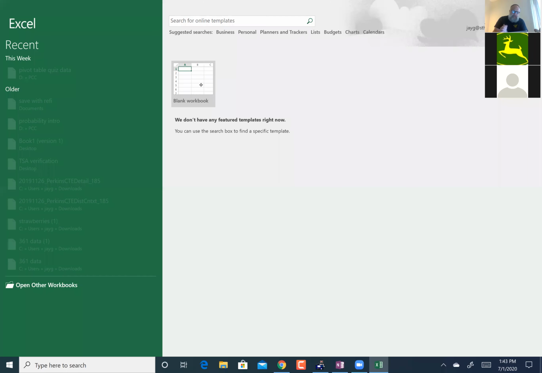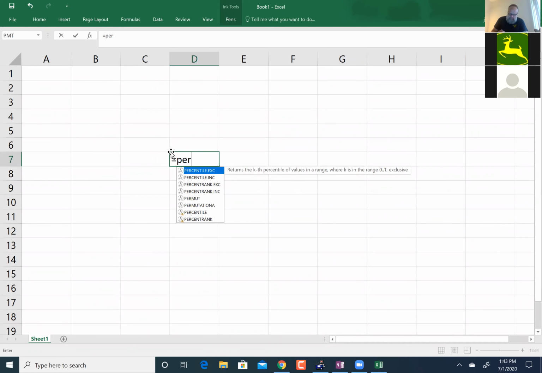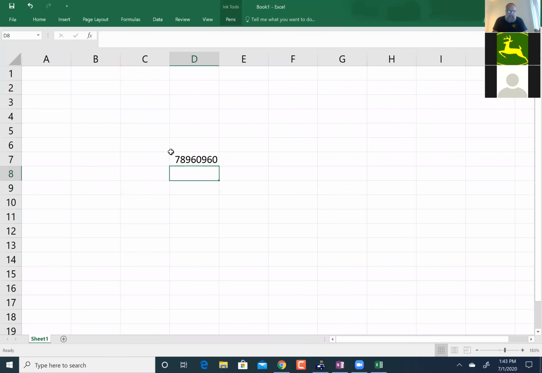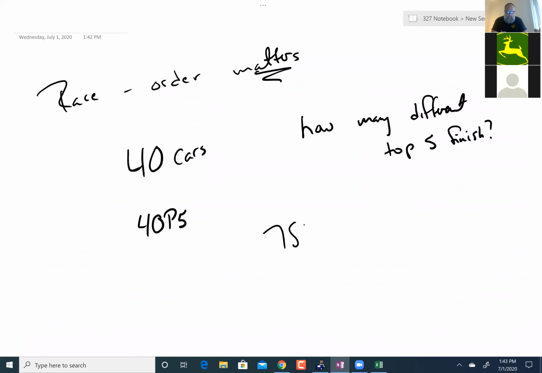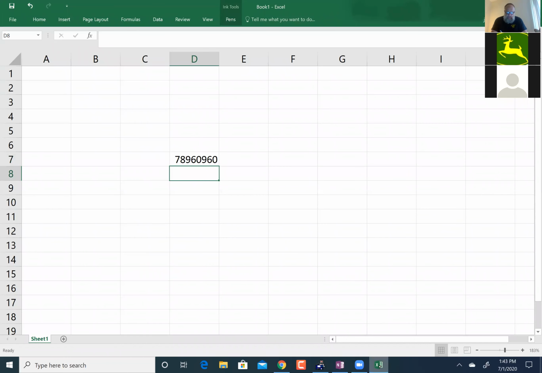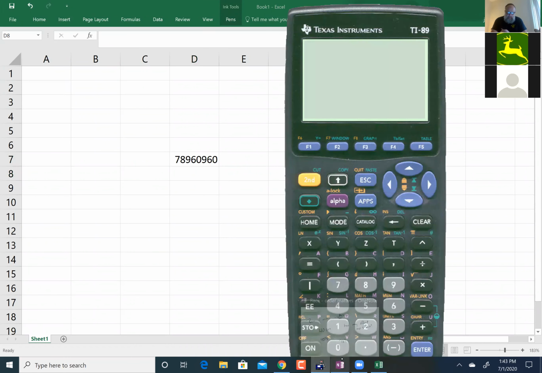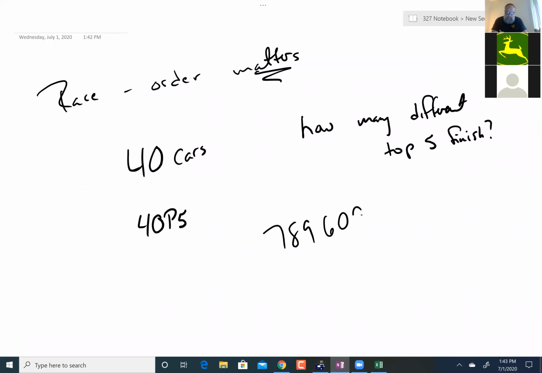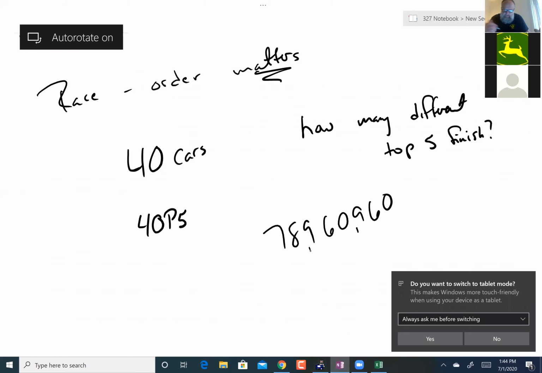So equals PERMUT, the permutation of 40 things taken 5 at a time. 78,960,960. Good Lord, there's 78 million ways for the top 5 people to finish.